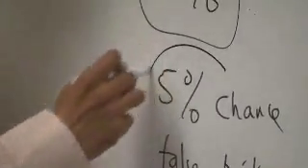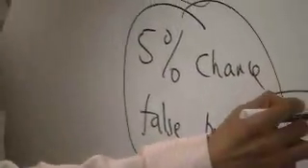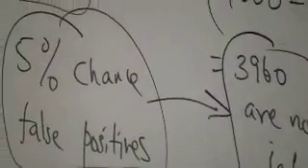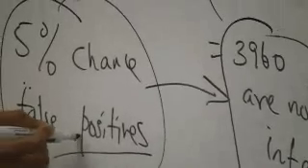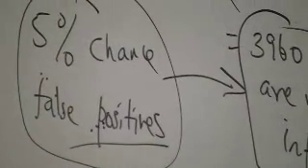But this software can say 5% of these 3960 computers have a virus on them, because that's the percentage probability of getting false positives, right?